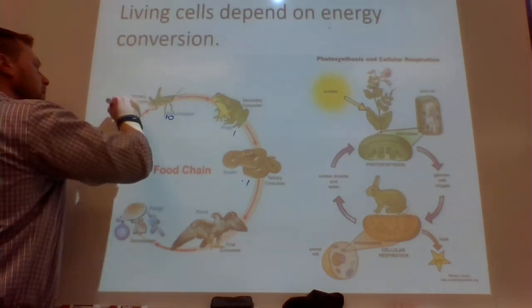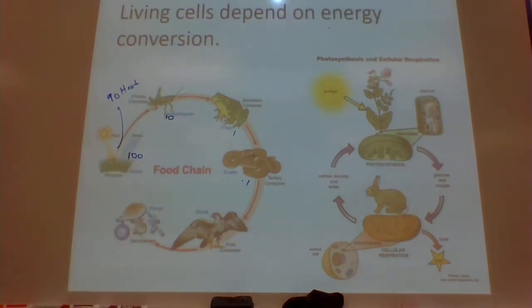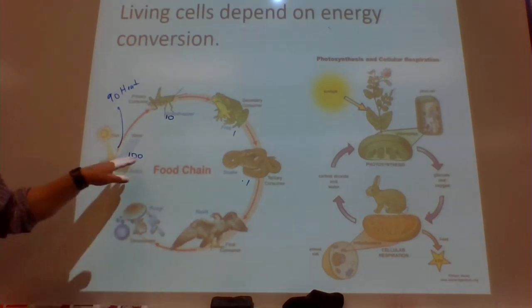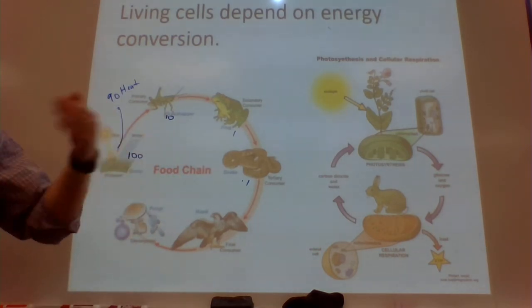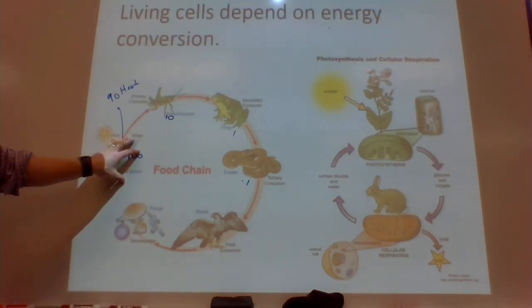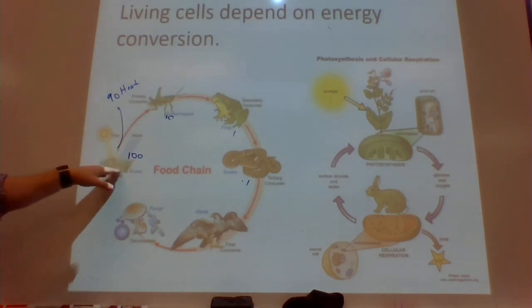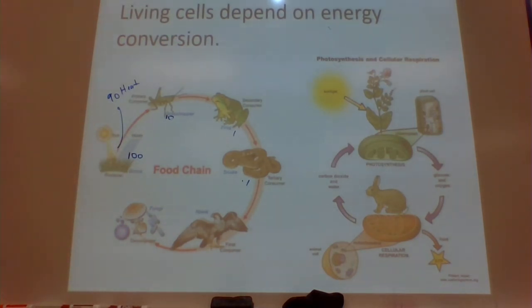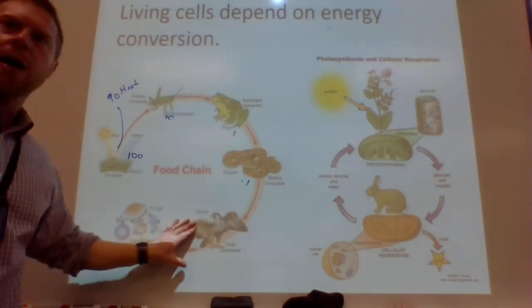As heat. Do we all see that? But even though the energy is decreasing by 90%, the total energy is staying constant. You have 100 here, and you have 100 here. It's just that 90% of that usable energy is being lost as heat. But that total energy is remaining constant.